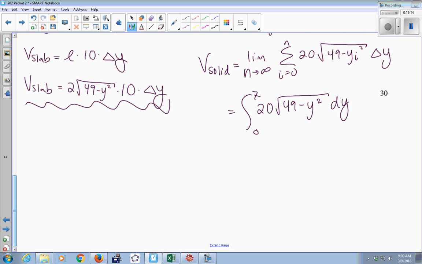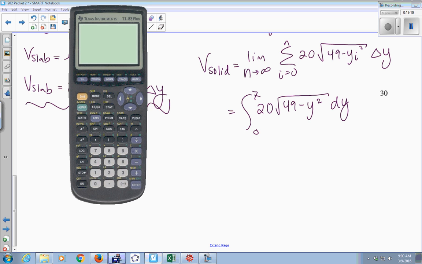And then I'll just have my calculator calculate this integral for me. I could calculate this by hand, but just to save us a little bit of time. So math, function integration, my function is 20 times the square root of 49 minus x squared. I'm using x because I don't have a y button.